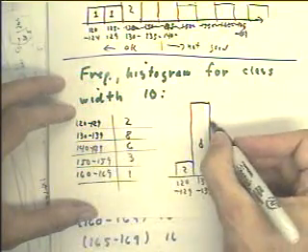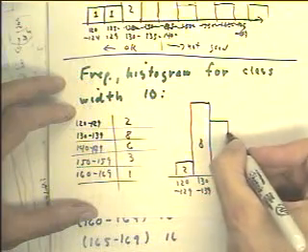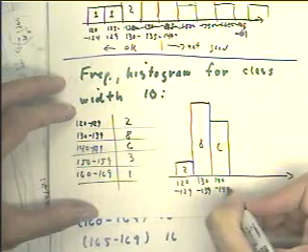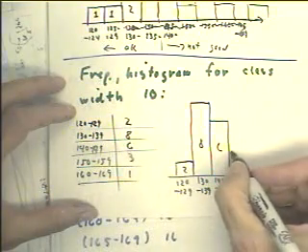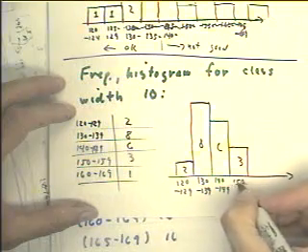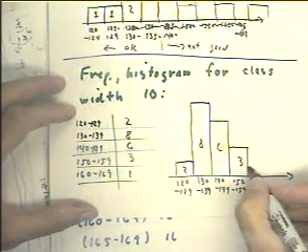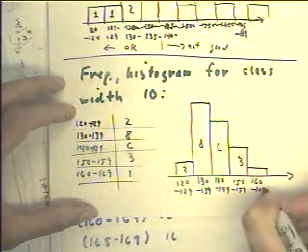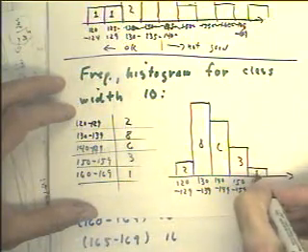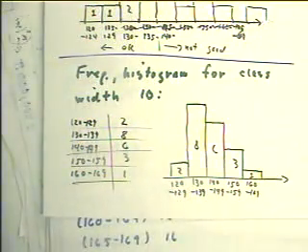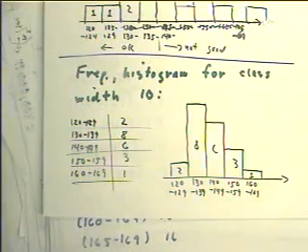Then we'd have 6 between 140 and 149. 3 between 150 and 159. And 1 between 160 and 169. So this is how we do frequency distributions and how we make histograms from those distributions.